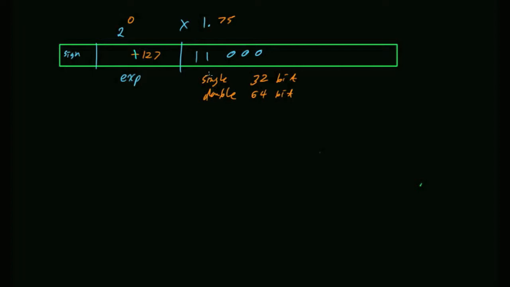The downside is it becomes really complicated to add and multiply these things, because when you have fixed point, it's easy. You're just adding bits the same way you would add any old number together. But with floating point, if you're going to add together two floating point numbers and they have different exponents, how do you add together 2 to the 0 times 1.75 plus 2 to the 15th times 1.025, for example?